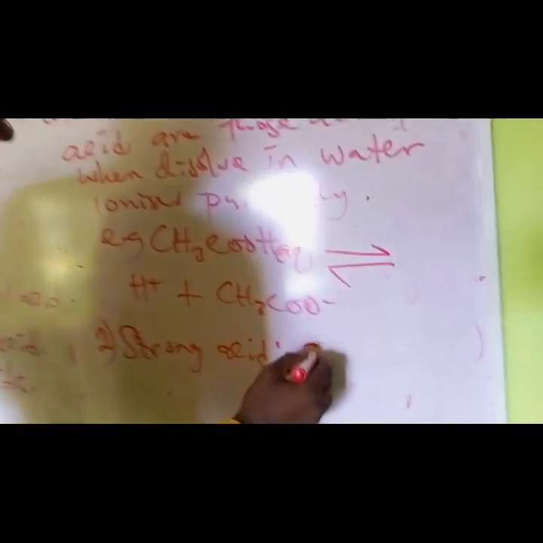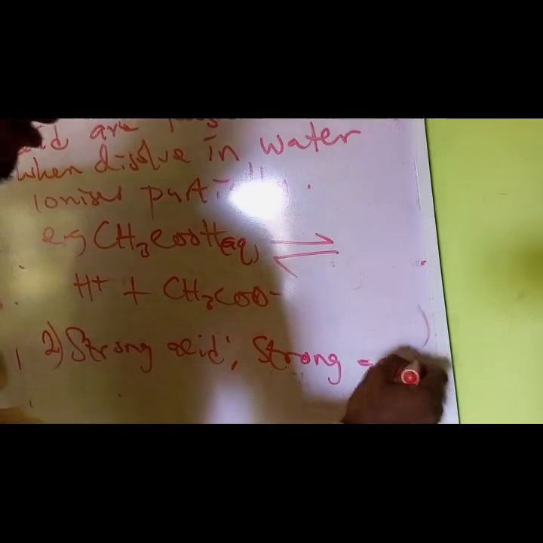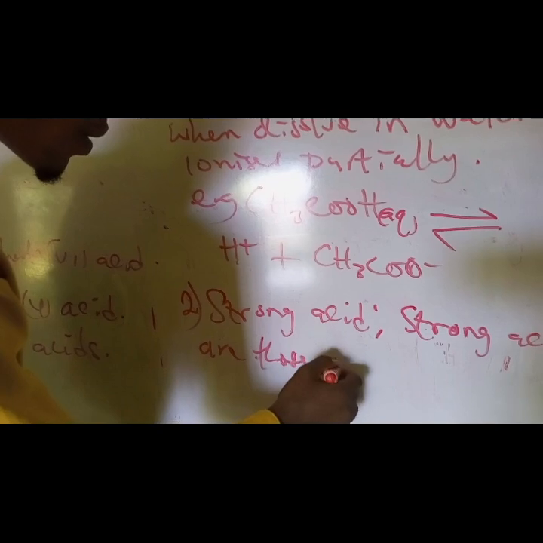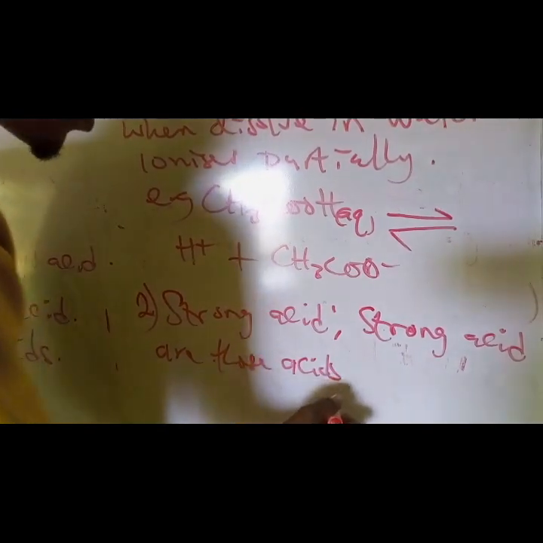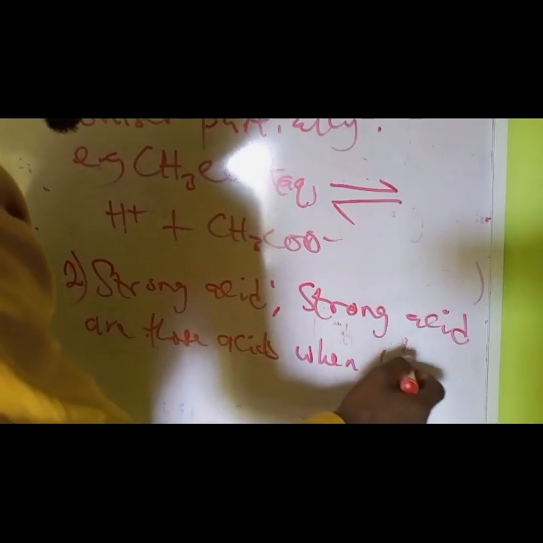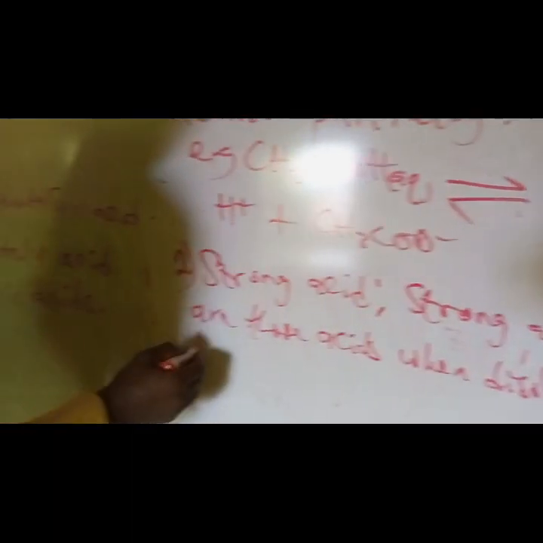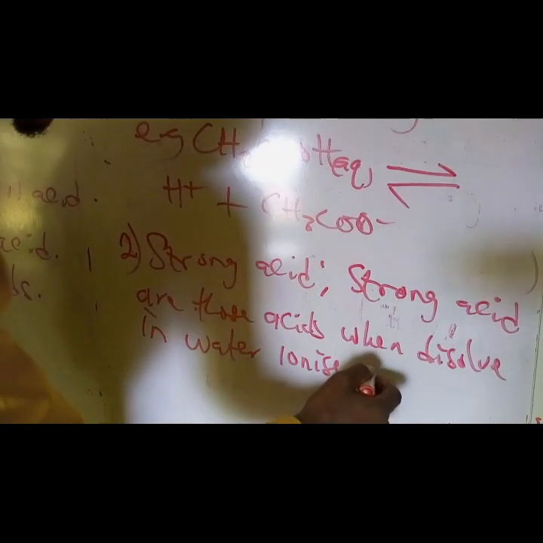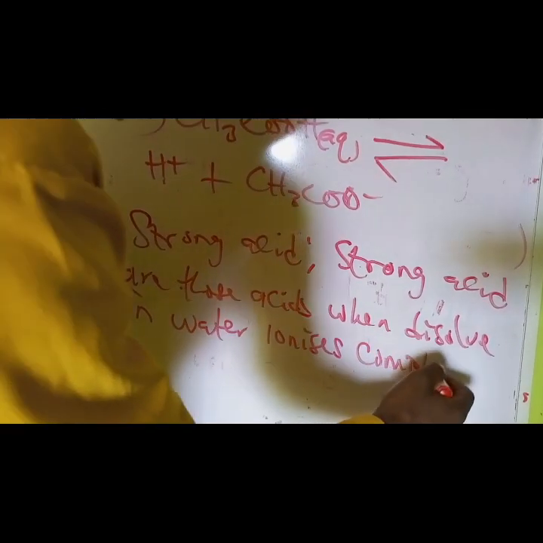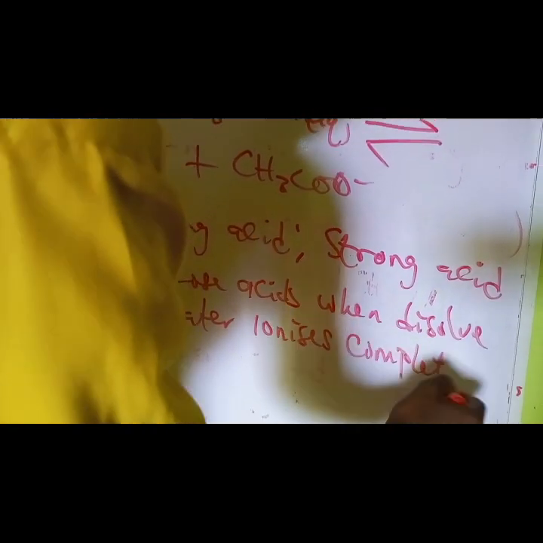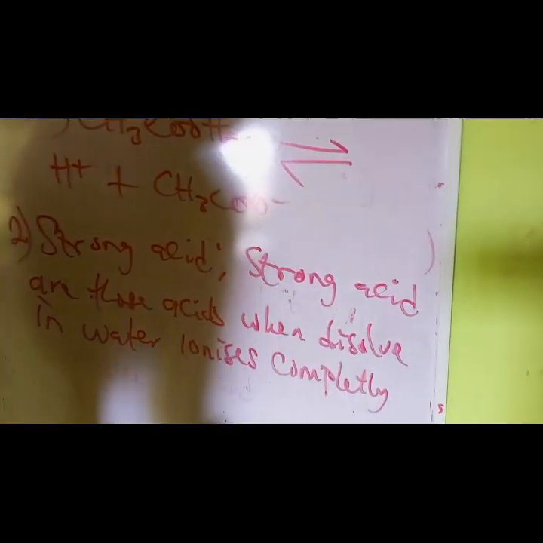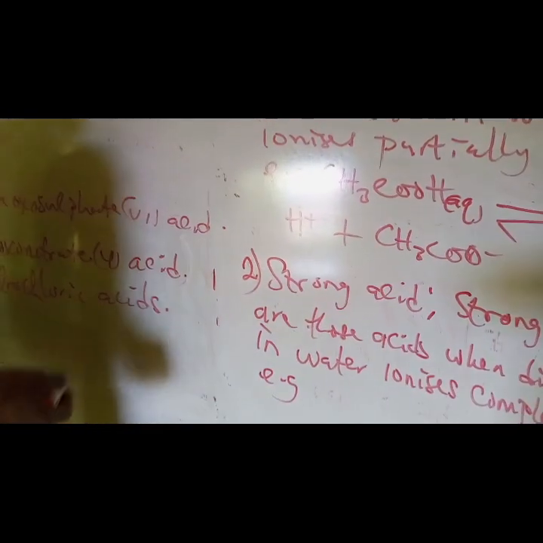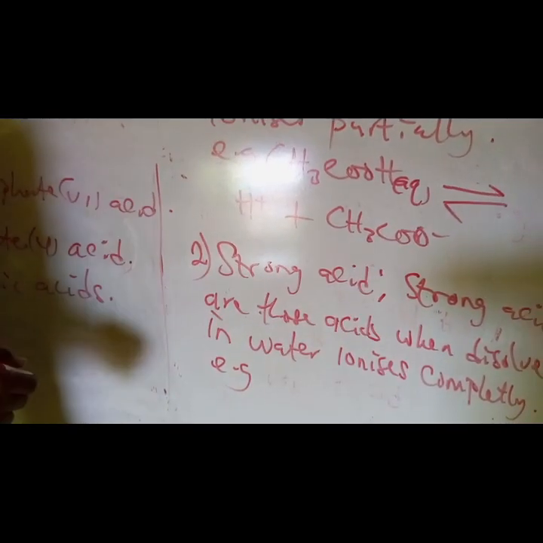So we say that strong acids are those acids that, when dissolved in water, ionize completely. Full stop. A key example of it is those mineral acids. Mineral acids are basically the strong acids.